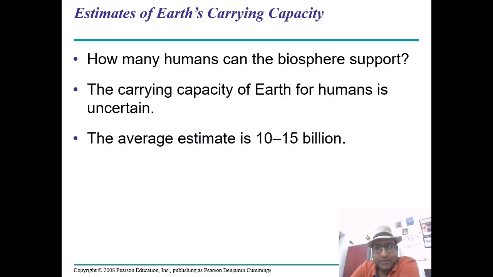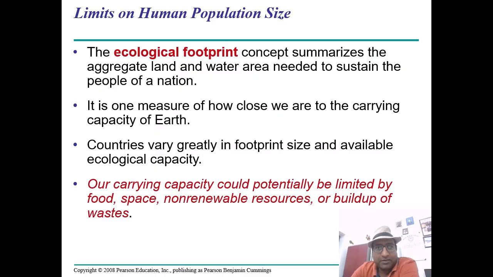The average estimate is 10 to 15 billion. At present we are about 6.5, or you might say around 7 billion, and we can grow up to 15 billion.